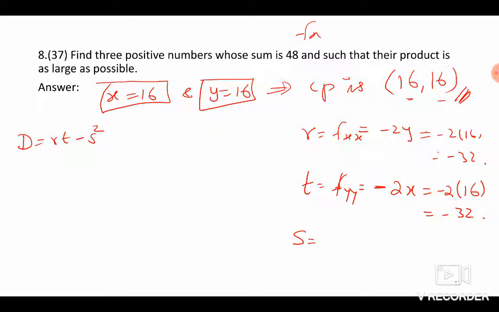And find S, either take fx and differentiate with respect to y, or take fy and differentiate with respect to x. Both ways you will end up with the same value. You get 48 minus 2x minus 2y.